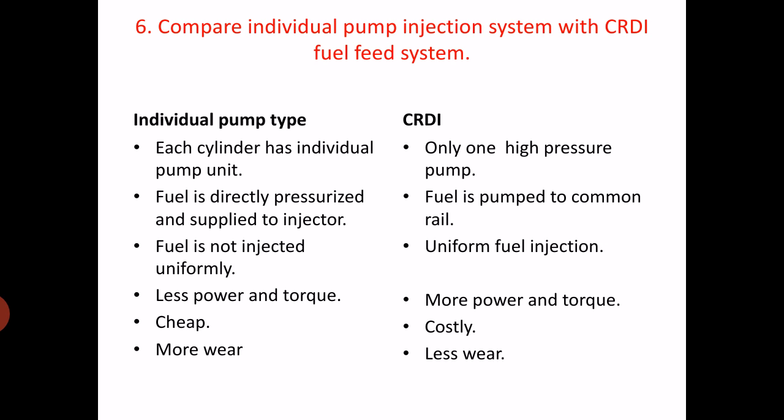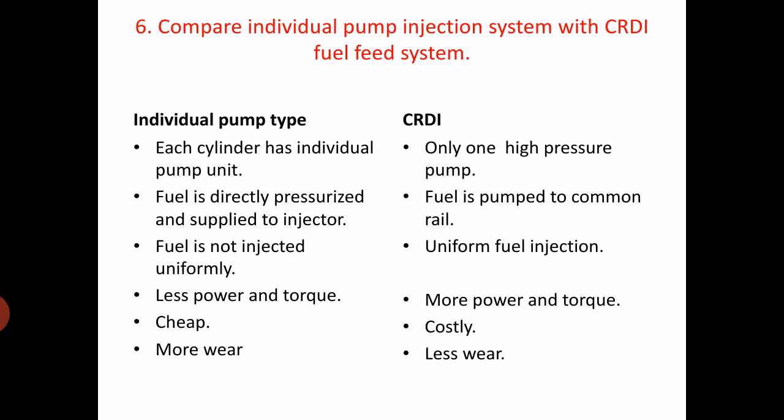Now compare the individual pump system with CRDI. We know individual pump means it has individual pumps for each cylinder. CRDI means common rail diesel injection. So, in the individual pump, each cylinder has an individual pump, but CRDI has only one high pressure pump. In the individual pump type, fuel is directly pressurized and supplied to the injector, but in CRDI it is pumped to the common rail and pressure is kept constant.